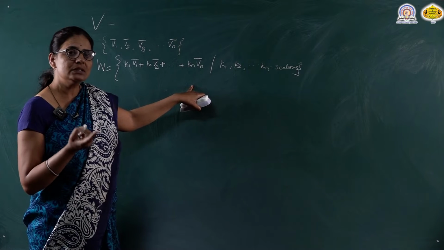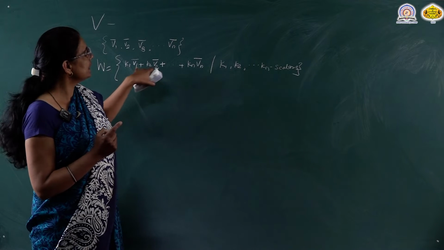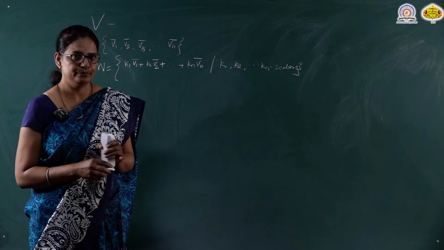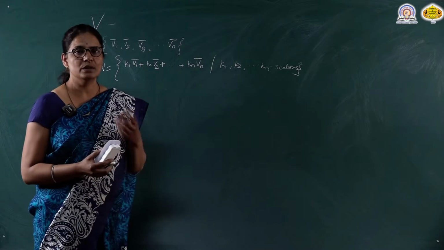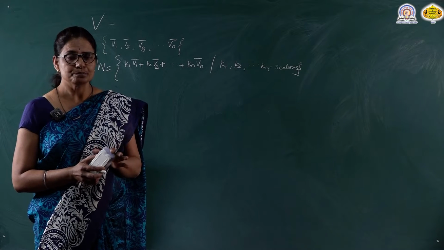That is, there is no other subspace of V containing all vectors V1, V2 up to Vn other than the set W itself. So last lecture we learnt about this and the problems or examples related to the linear combination.